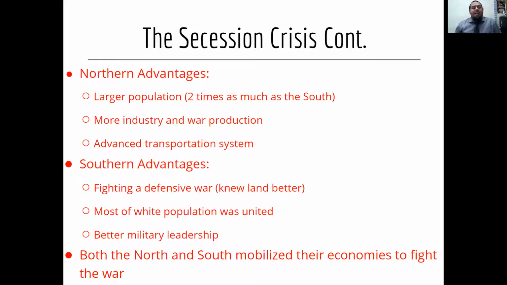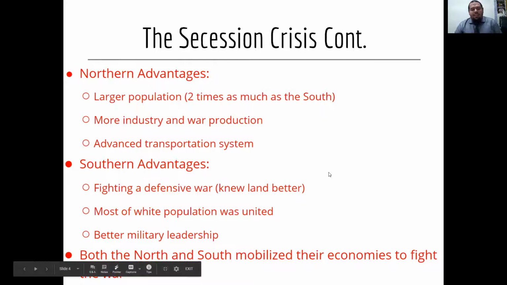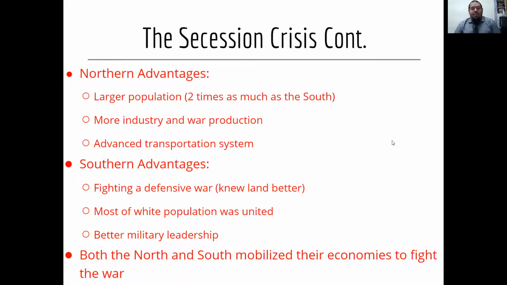Southern advantages, they were going to be fighting a defensive war from the get-go, and, kind of like the American Revolution, Southerners are going to know the land much better than the Northerners. Most of their white population was united. They were all about fighting for their rights, fighting for their secession rights, okay?